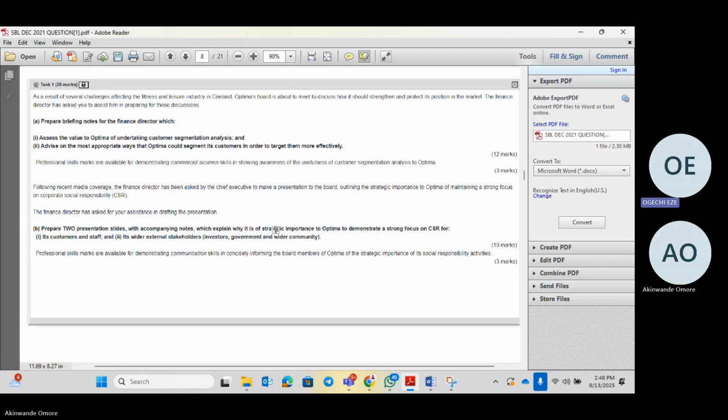We are trying to carry out customer segmentation. What tools will you use? Is it not commercial acumen? No, we are sticking with the requirement, education, commercial acumen, yes. But what tools will you use?